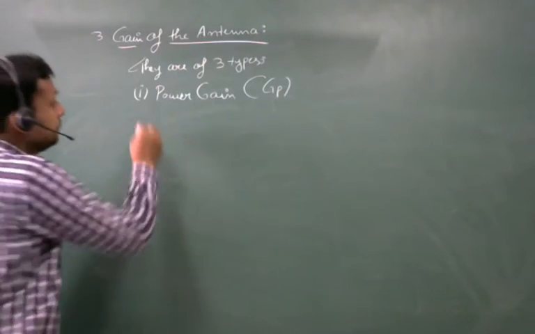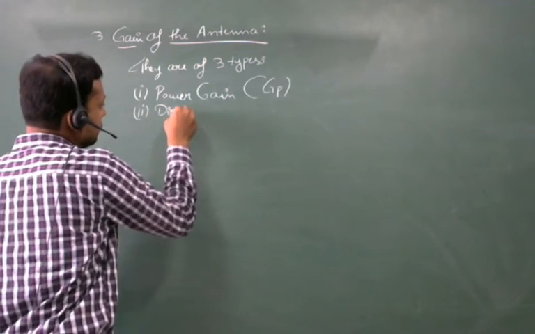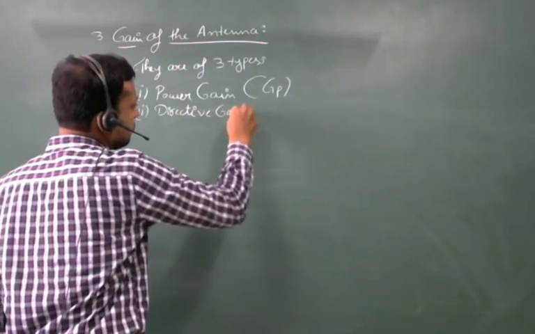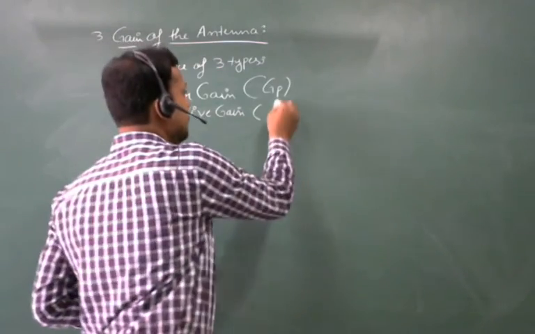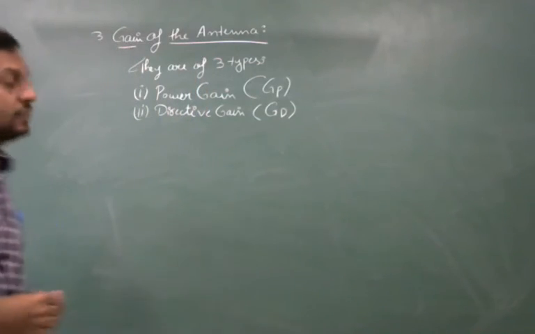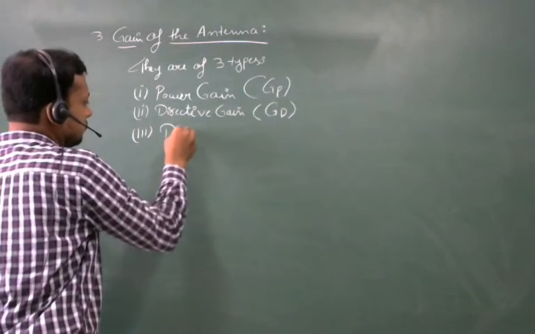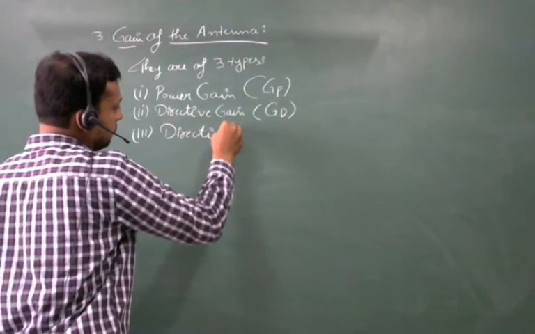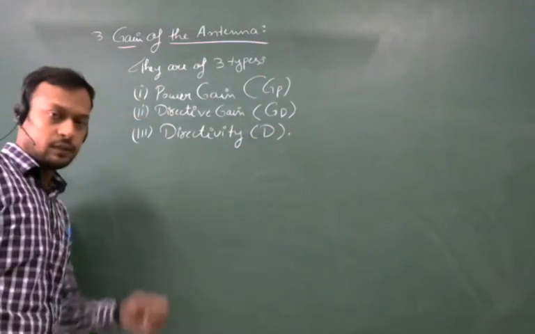Then directive gain, which is denoted by capital G subscript D, and then the directivity.